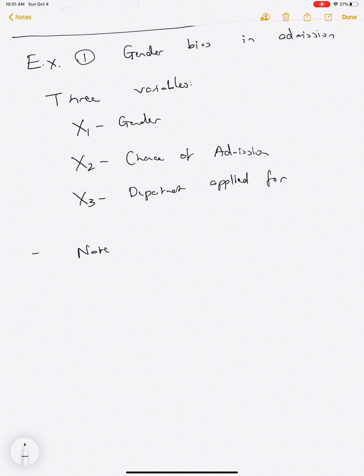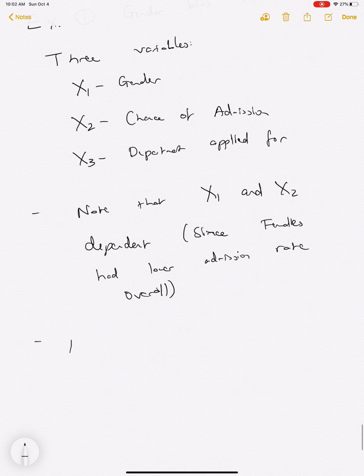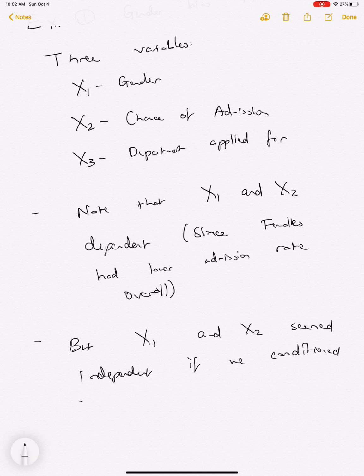Note that we had x1 and x2 dependent, since females had a lower admission rate overall, but x1 and x2 seemed independent if we conditioned on x3, the department.